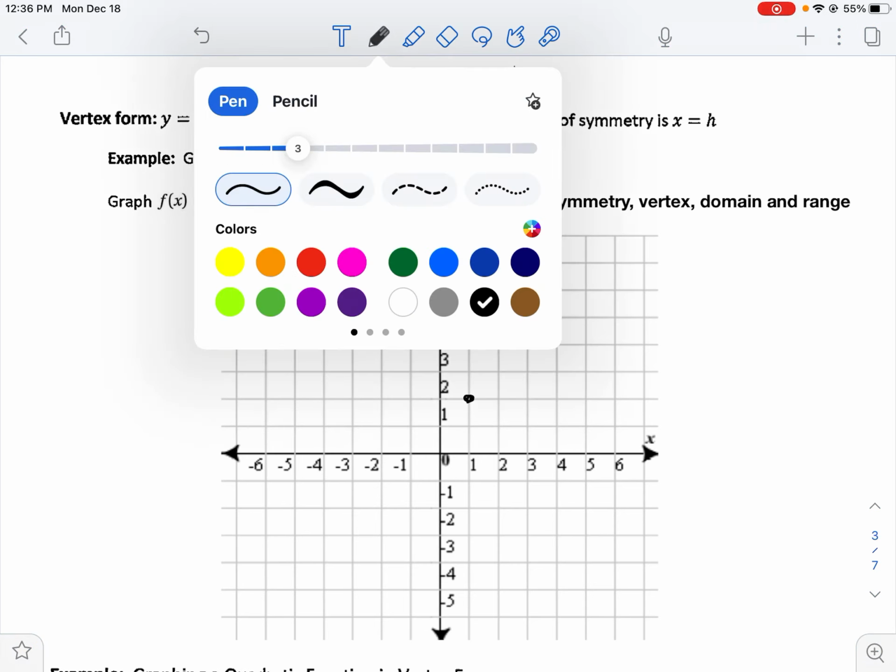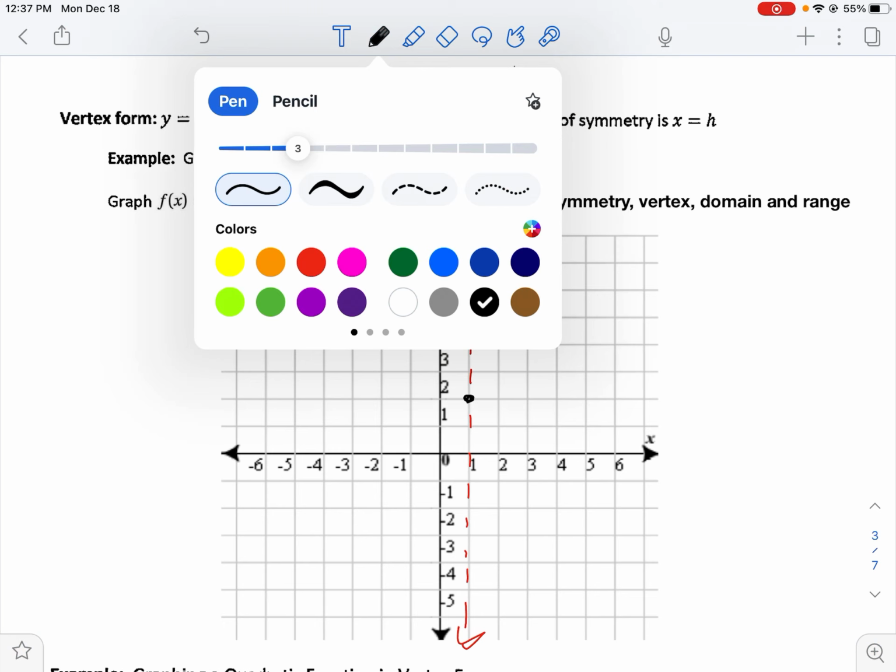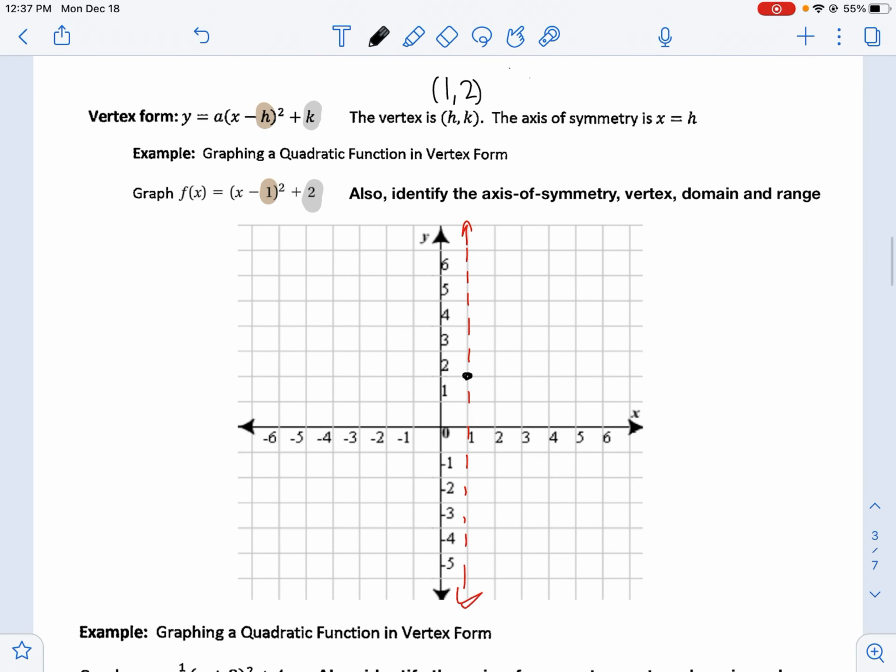So remember, our vertex, that max or min, is right at the axis of symmetry. So the axis of symmetry is at x equals 1. See how it's the x coordinate in the vertex. That's the vertex right here.